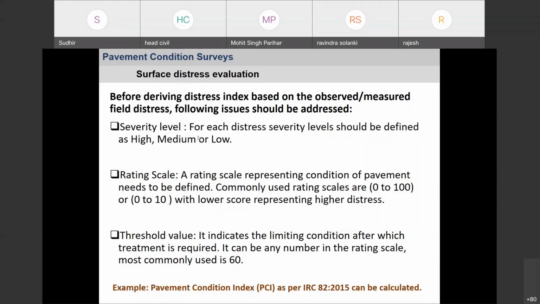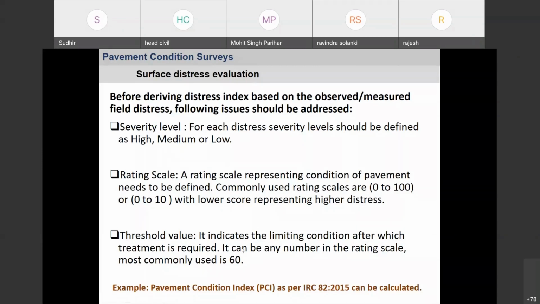So for the index that you will derive from your distress, you need to define this threshold value. Again, you might define this threshold value as a percentage or some number within the rating scale.